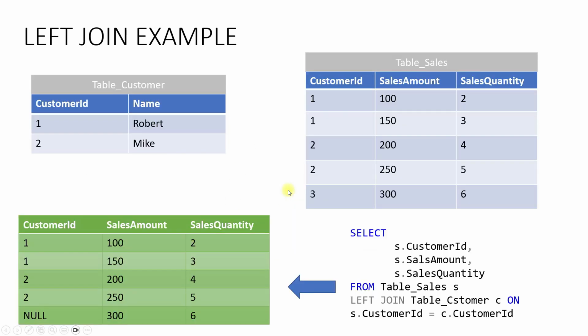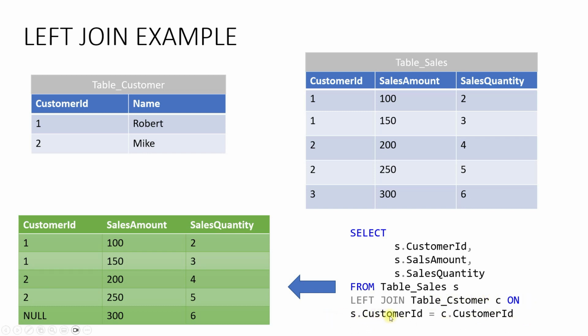And so what I mean by that is, let's say the exact same example: in the table customer we have customer ID 1, which is Robert, and customer ID 2, which is Mike. And then in this query we say select the customer ID, sales amount and the sales quantity from the table sales as s, but instead of the inner join we do a left join on table customer, and then we have the same join criteria.